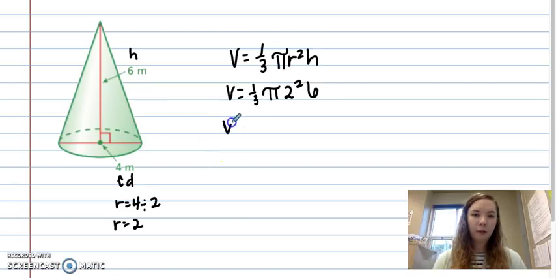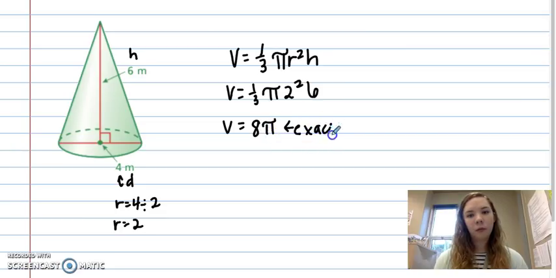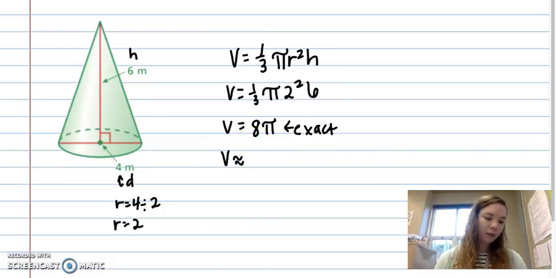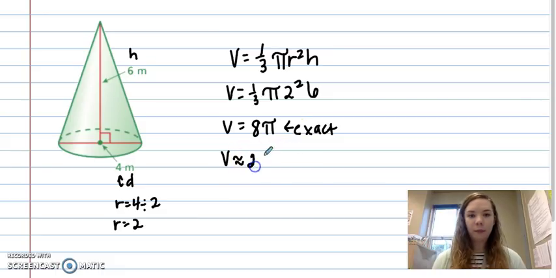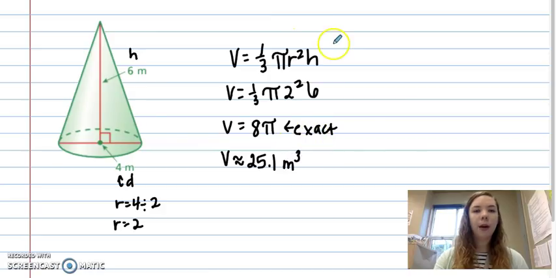And then your exact form, if you type this in, is 8 pi. And then rounded form is 25.1 cubic meters.